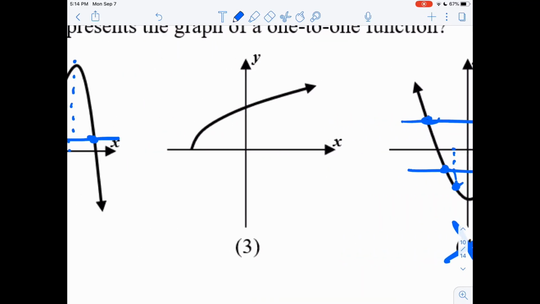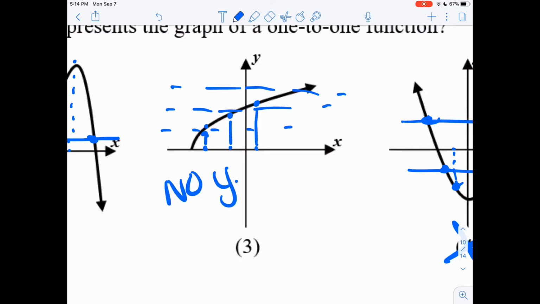Graph 3 is the only one that is a function and is also one-to-one because no y's repeat.